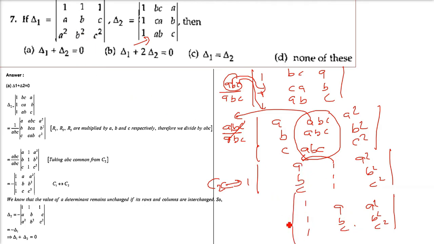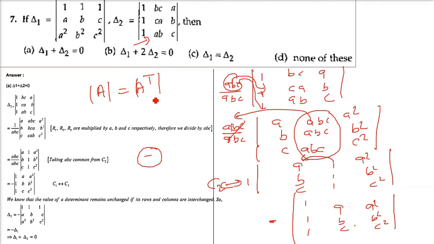Now since these two are still not the same, we know that the transpose can be done. If the rows are changed into columns, that is A transpose, the determinant of A is equal to the determinant of A transpose, right?